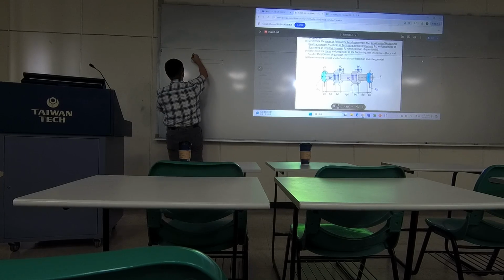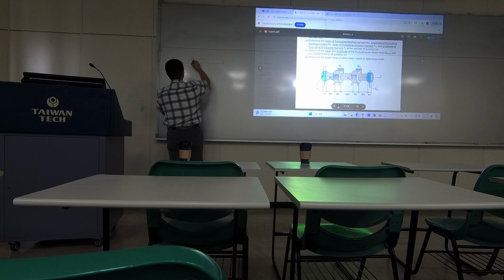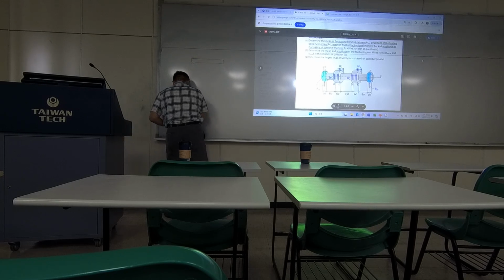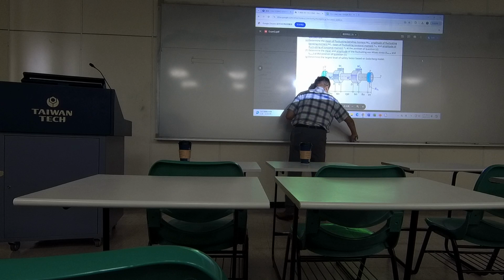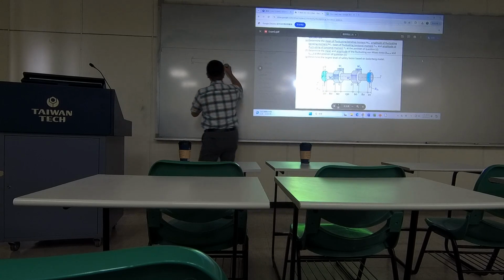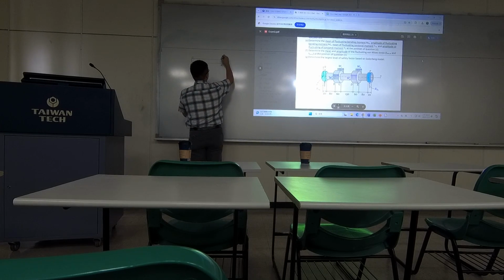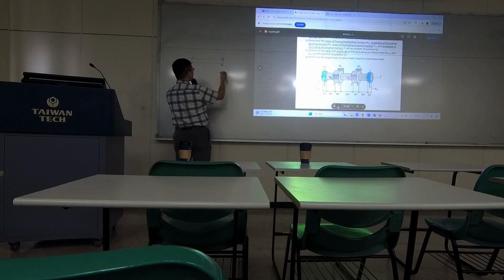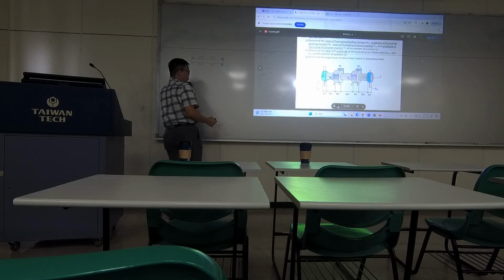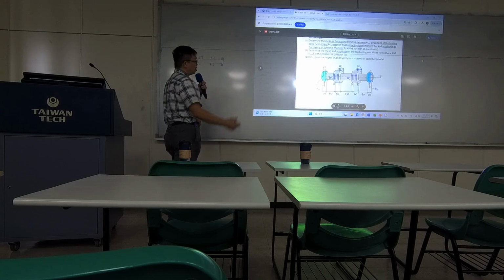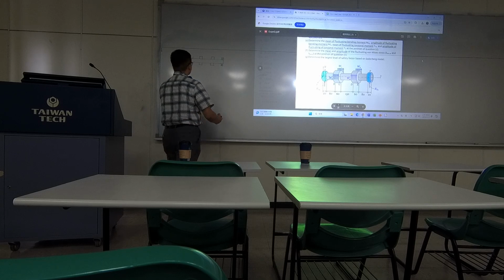Okay, so there is a bearing on both sides, and there are some parts that have thicker diameters, and there are distributed loads from the belt.